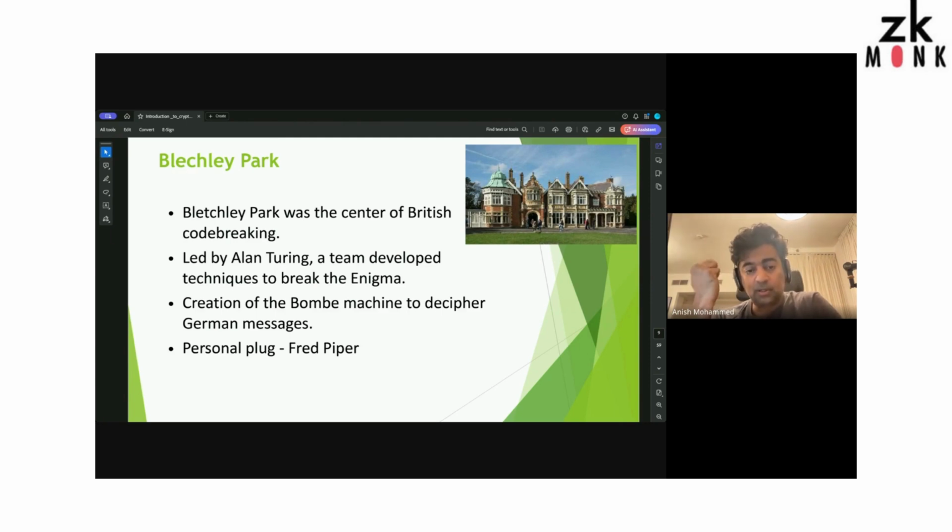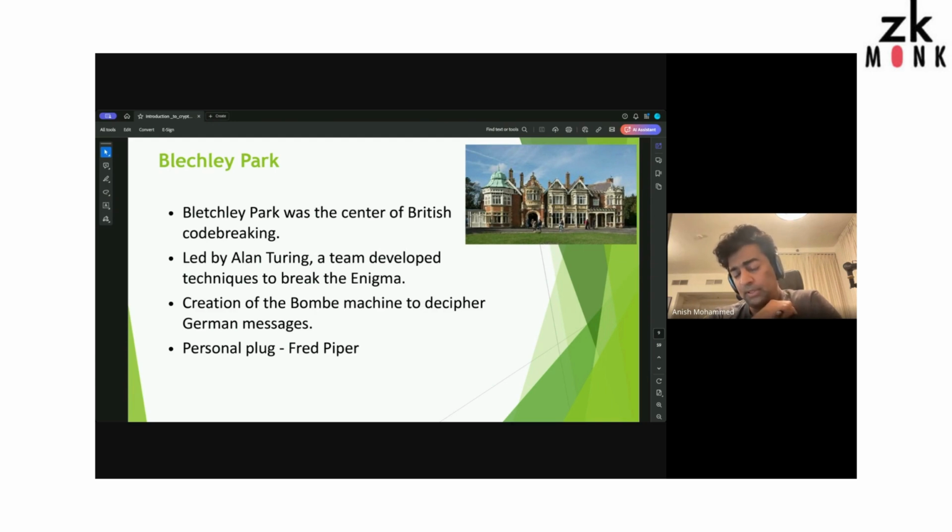I didn't mention to you that the cryptanalysis of Enigma did result in progress in computation. There's this thing called the Bombe, which was used to decipher German messages. And the Bletchley Park you see right now, if you go there, there was a society created to revitalize the whole thing.